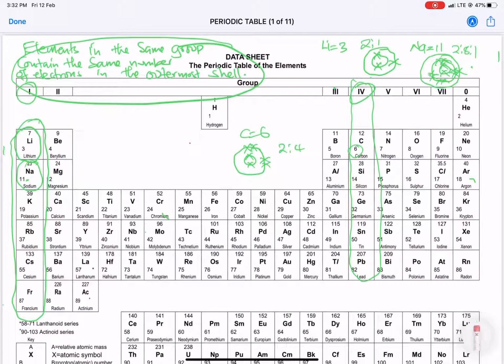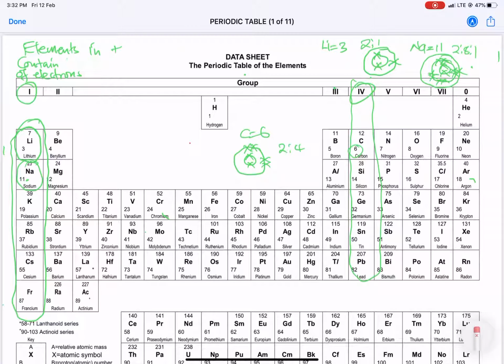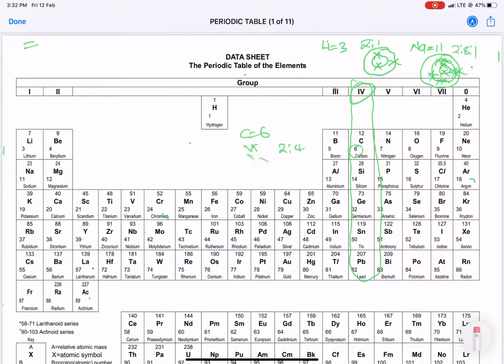Let us go to periods. What determines the period of an element on the periodic table?